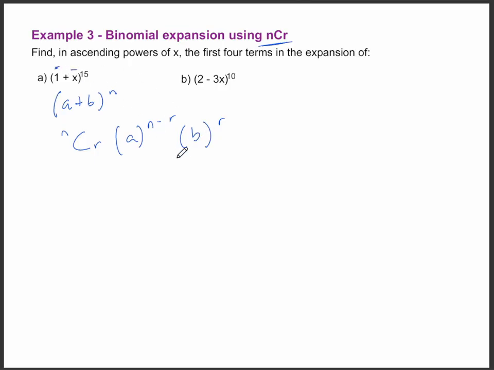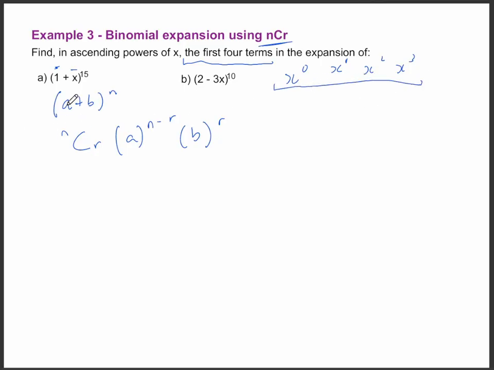What about r? r is what you decide, in order to get a certain power that you might need. So for example, here you want the first four terms of the expansion in ascending order. That means you want x power 0, x power 1, x power 2, x power 3. You are supposed to decide what r gives you this, and it's quite easy to decide.